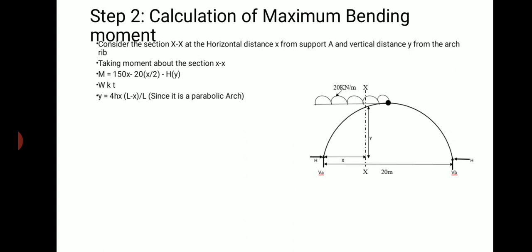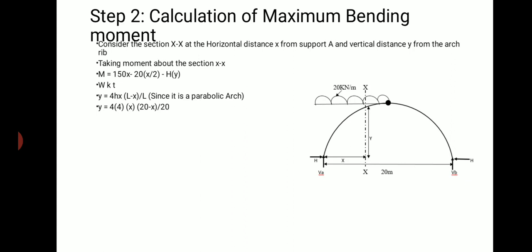After derivation we have got y is equal to 4hx into L minus x divided by L square, since it is a parabolic arch. Here the small h is nothing but the rise. The total rise towards the crown is equal to 4 meters, which is given in the question.